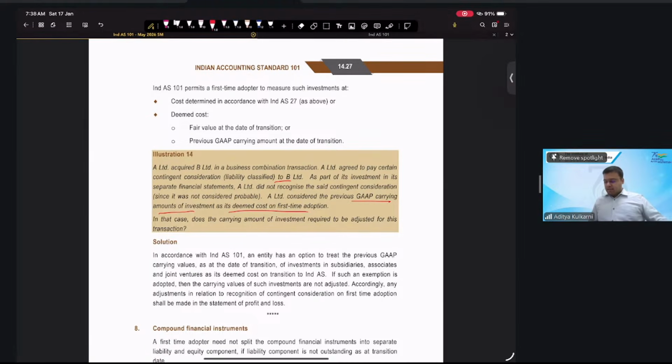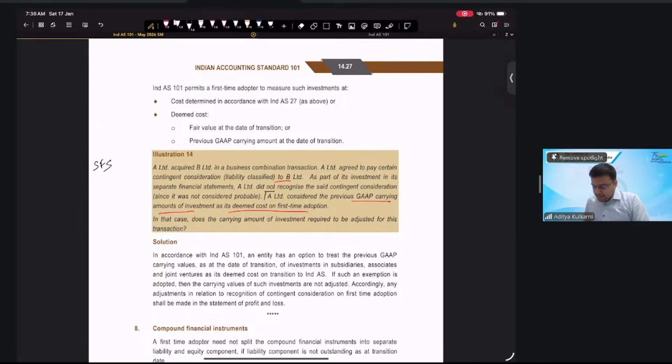In that case, does the carrying amount need to be adjusted for this transaction? Yes. So, first of all, in the standalone financial statements, what has it chosen?